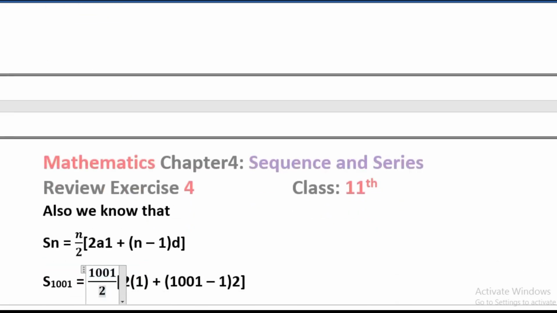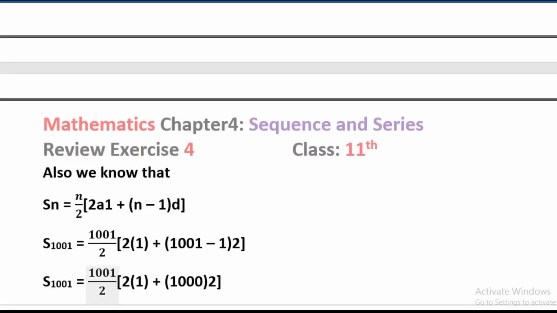Also we know that Sn is equal to n divided by 2 into 2a1 plus n minus 1 into d. So by putting the values of n, a1, d, Sn, that is S1001, is equal to 1001 divided by 2 into 2 times the first term, that is 1, plus n, which is 1001, minus 1 into d, which is 2.